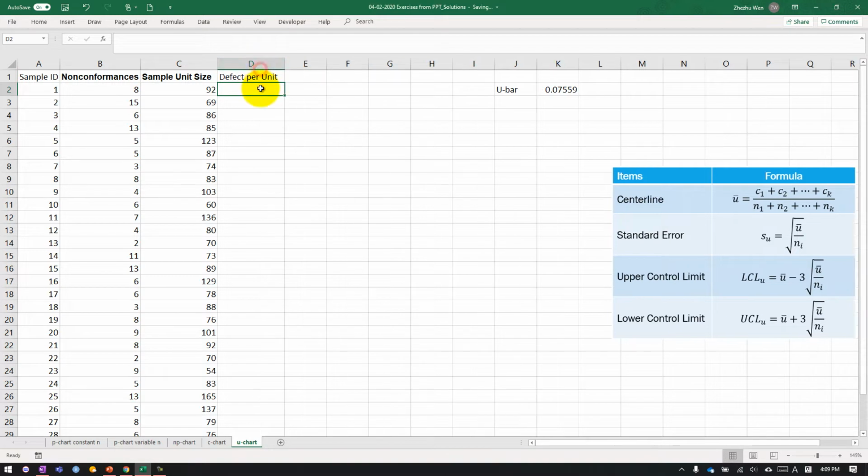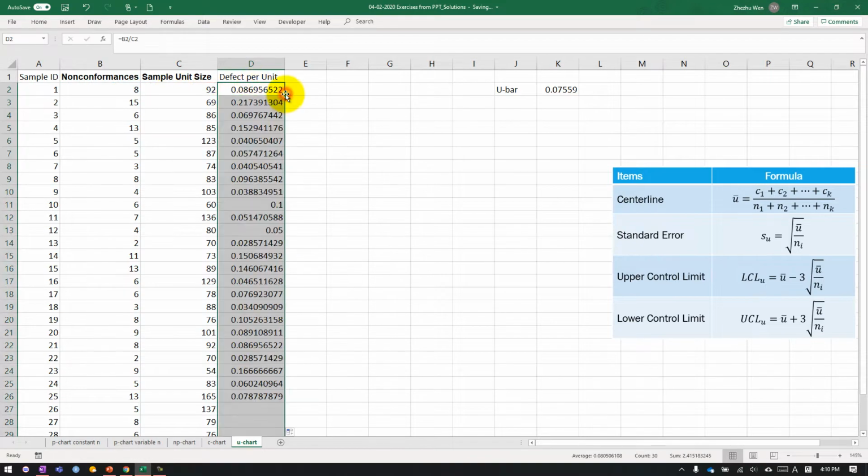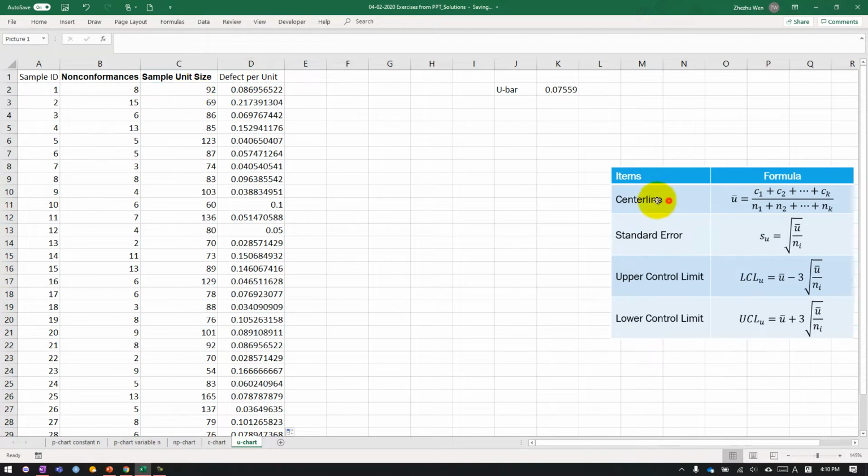Okay, defect per unit. It will give you 8/92. So this is the number of defects per sample unit.